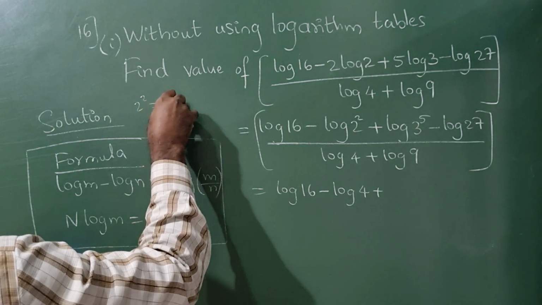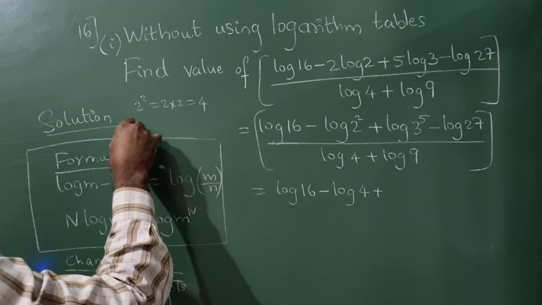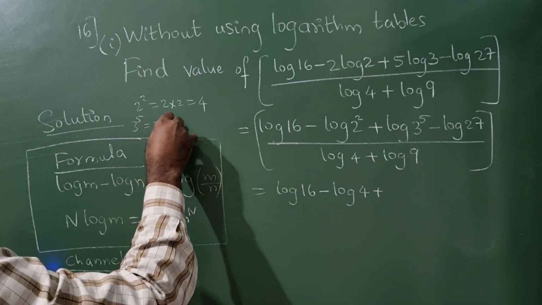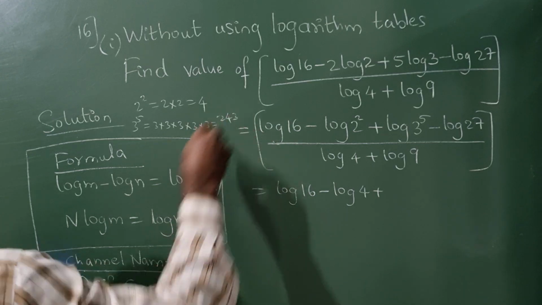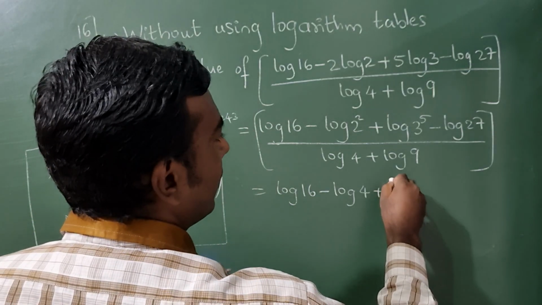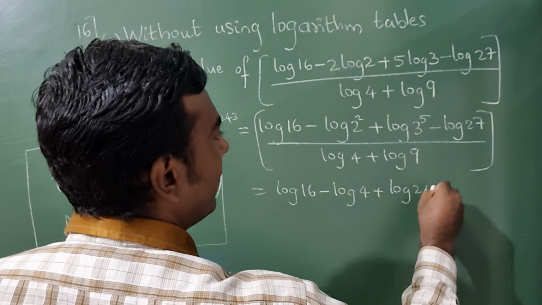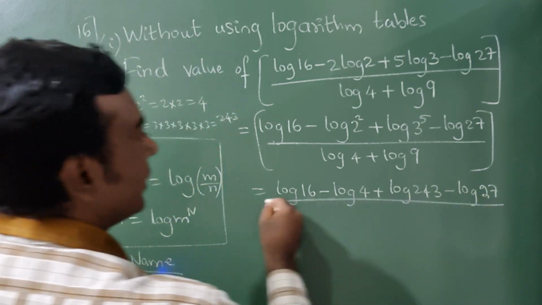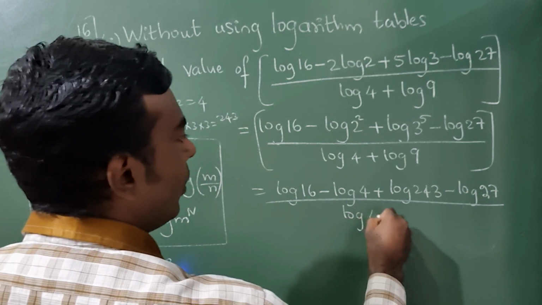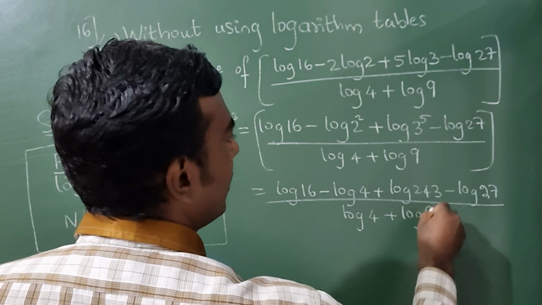Now 2 square is 2 into 2, 4. 3 raised to 5 is 3 into 3 into 3 into 3 into 3, 5 times. So it will be 243. So log of 243 minus log 27 divided by log 4 plus log 9.